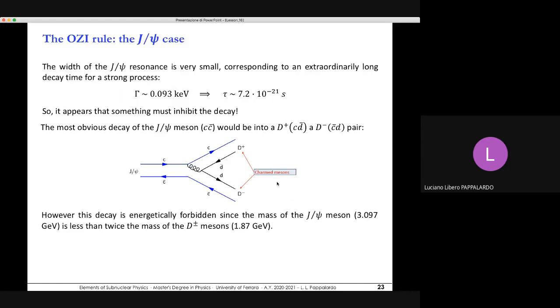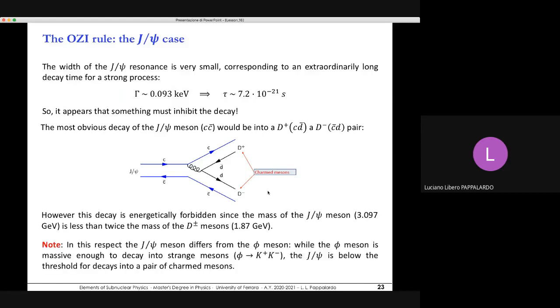This tells you that the decay should proceed through a more complex phenomenology. This is a big difference with respect to the phi meson case that we discussed before.